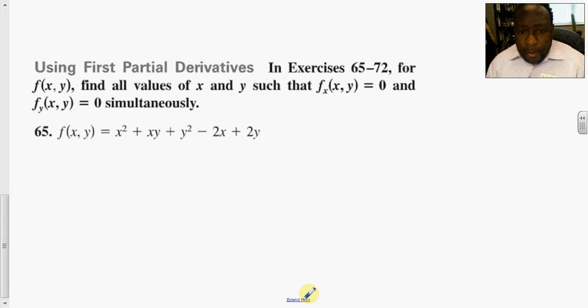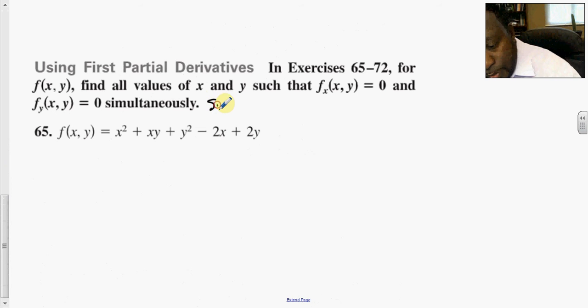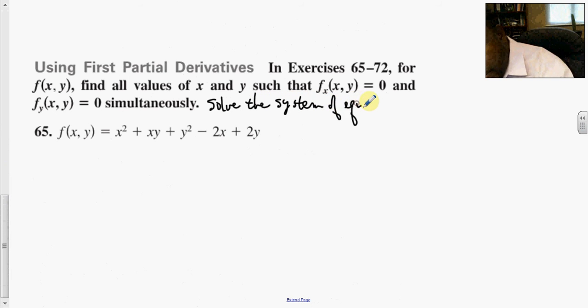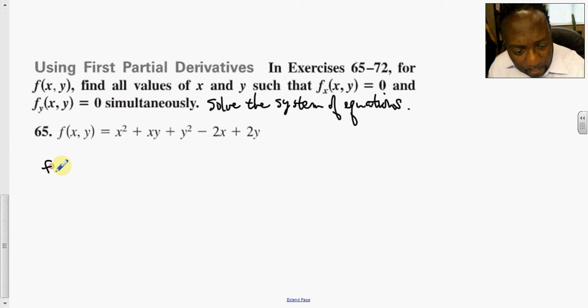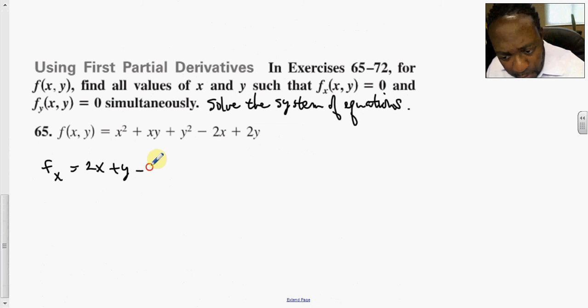Here we find the first partial derivatives, set them equal to 0, and then it says solve them simultaneously. So basically, solve the system of equations. The partial of f with respect to x, this is 2x plus y minus 2.